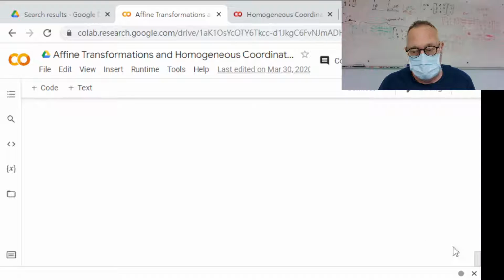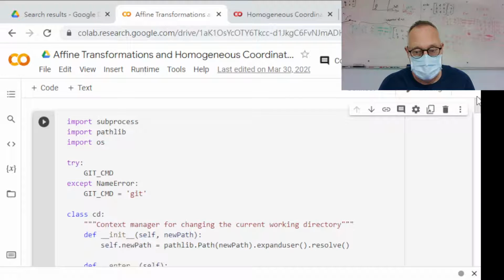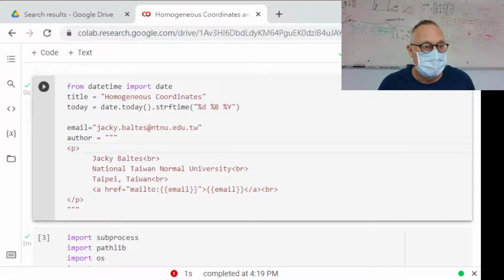Okay, so not that easy to run TypeScript in Google Colaboratory. I can run it on my own server, but not on the Google one. So we'll stick with Python.